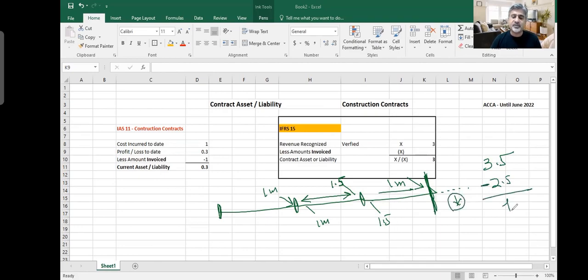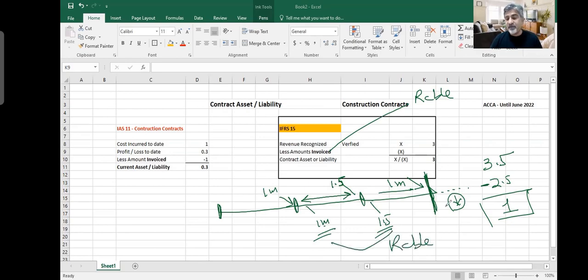So that difference of 1 million is my contract asset, which I still have to invoice. Because once I invoice them, then it becomes receivable. Maybe they have not given me the money, but this 1 and 1.5 is already under receivable.